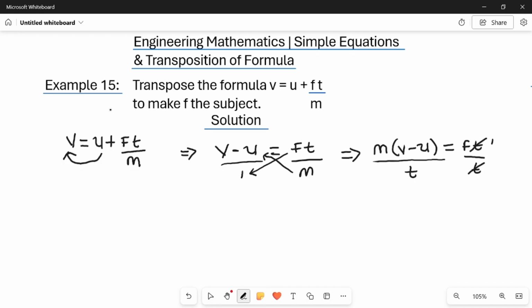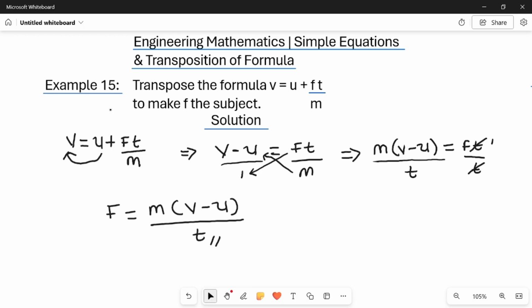So we'll have our final answer to be F equals M into V minus U all over T. Very simple, right? So this will be our final answer after making F the subject of the formula.